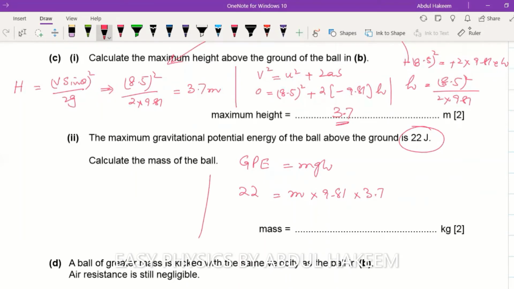So m is equal to 22 divided by 9.81 divided by 3.7. After the calculation, the answer is approximately 0.61. We have to write the answer in two significant figures.